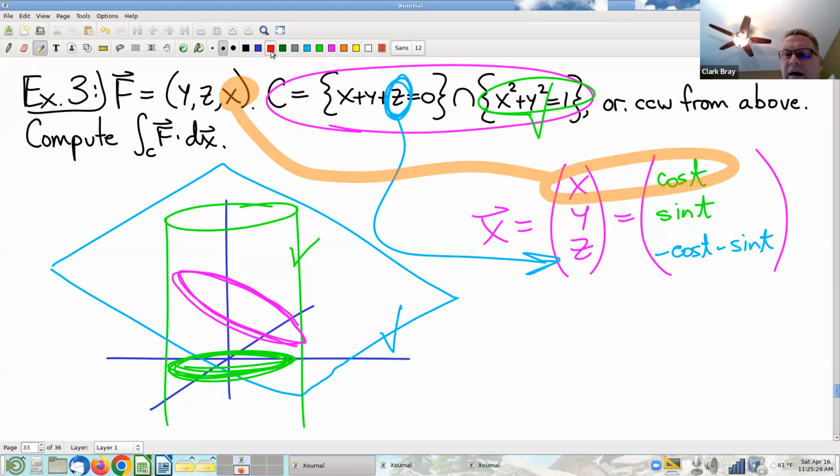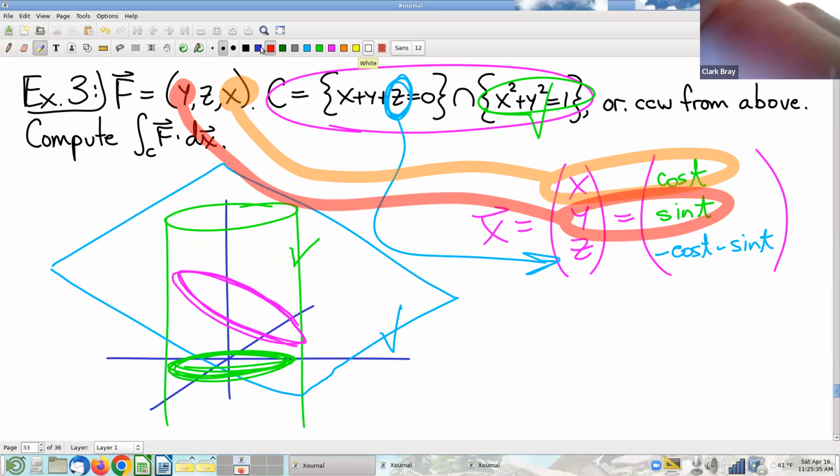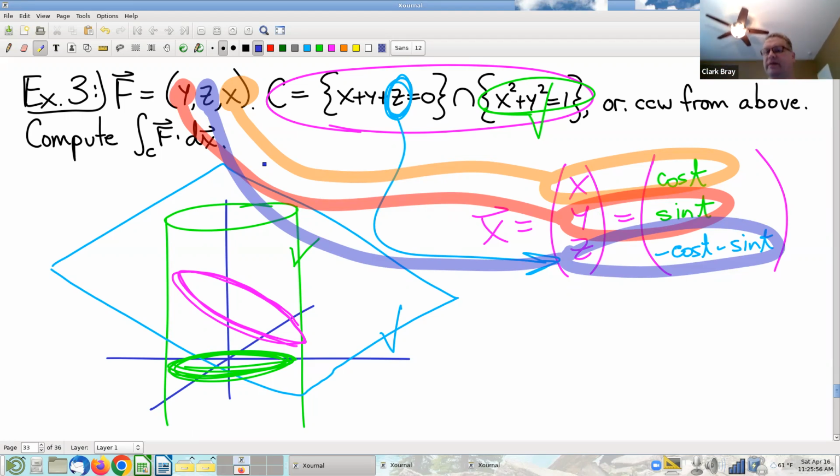And the y is sine t, and z is maybe not my favorite little bit of algebra that I've ever seen, but it's not that bad, right? So you have a not that bad vector field, and we've got a parameterization. You can take the derivative and you're going to get a couple of trig integrals. So maybe this approach might be just as good as using Stokes' theorem.